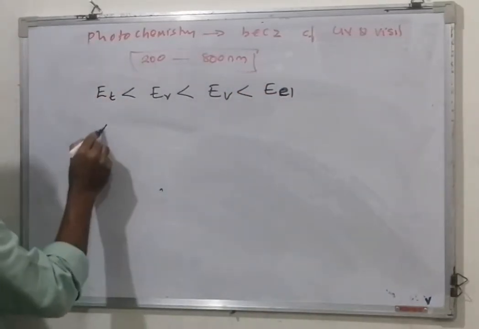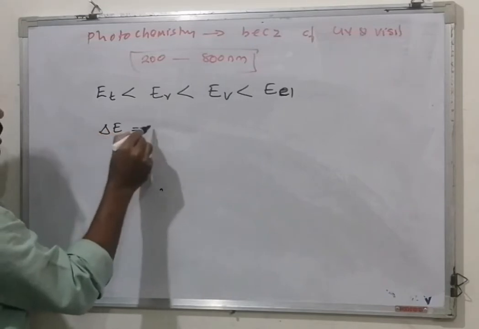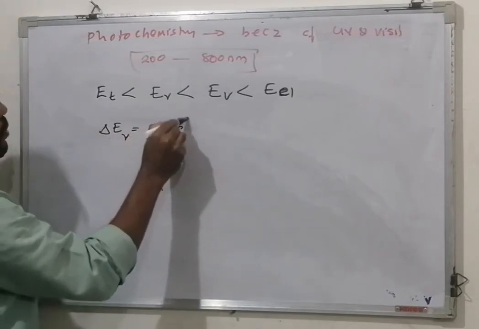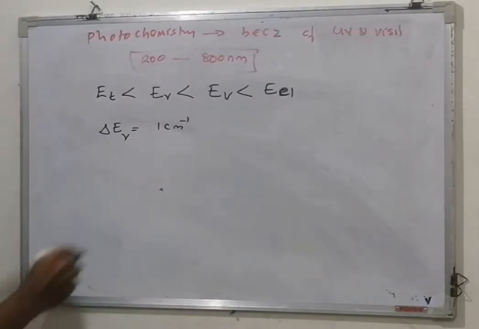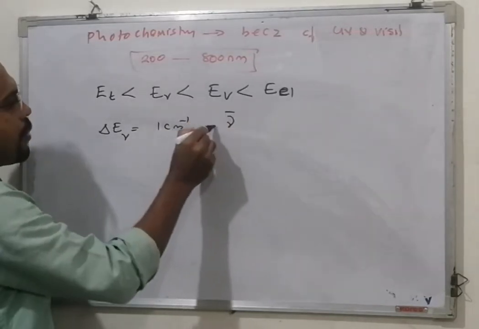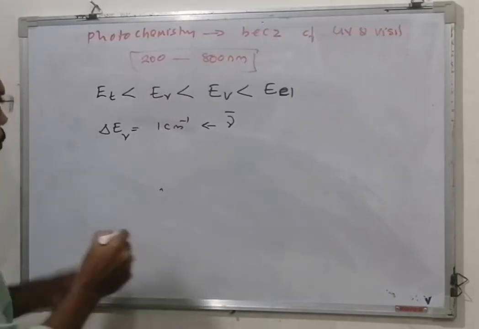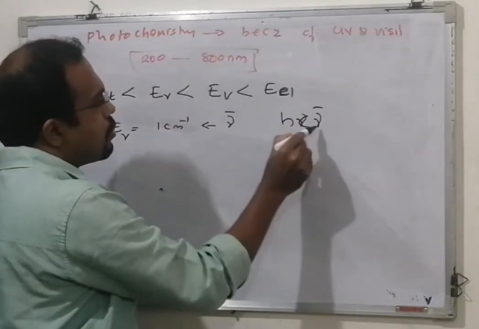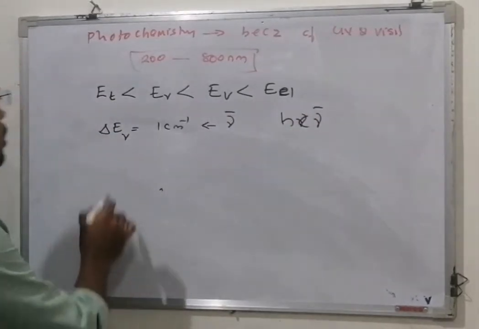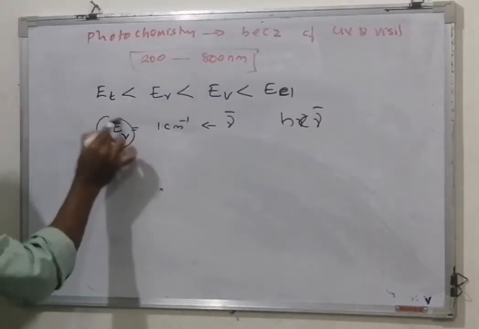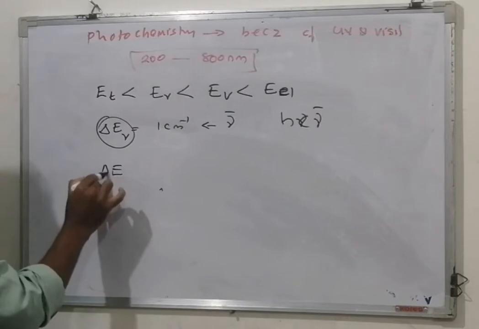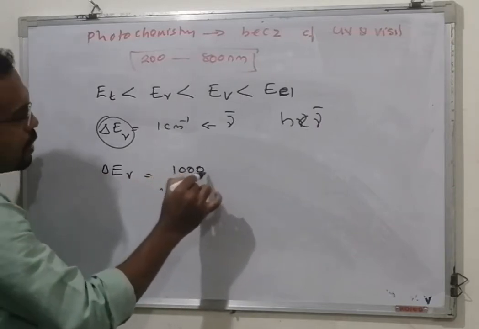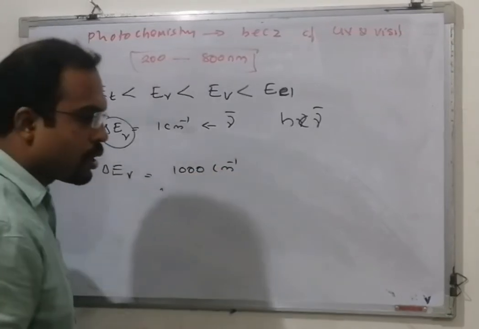I will tell you, delta E rotation is about 1 centimeter raised to minus 1. This is wave number. If you have hc nu bar of 1 centimeter raised to minus 1, there will be a rotational energy change. For delta E vibration, it is about 1000 centimeter raised to minus 1.